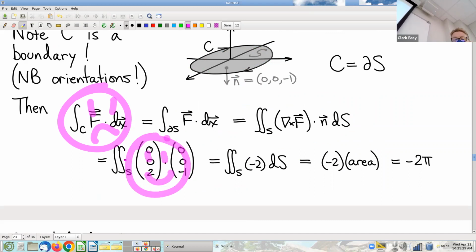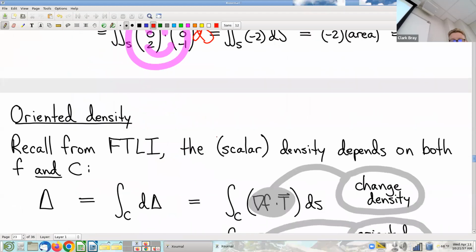And I just noticed I have a typo in here. This needs, of course, to be dS there. Sorry about that. I will get that fixed. So a hard problem turns into an easy problem, as is surprisingly often the case when you use these accumulation theorems: the divergence theorem, Stokes's theorem, fundamental theorem of line integrals, Green's theorem, etc. Okay, that's where we left off last time.